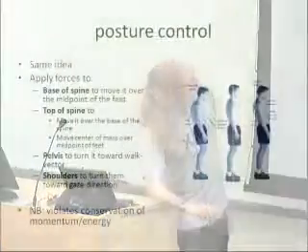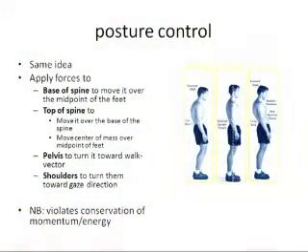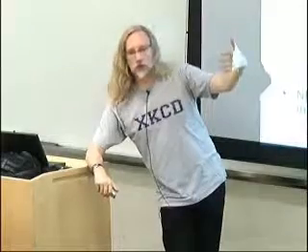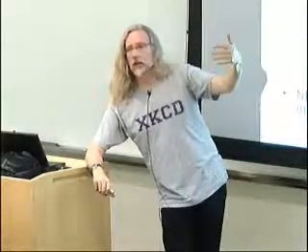Anything else? Great questions. Okay. So there's posture control. We basically, as it were, apply jetpacks to different parts of the body. We control the parts of the body we care about to do the things we want to do, and we control them independently.